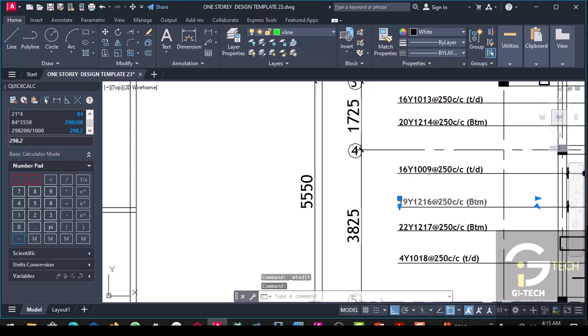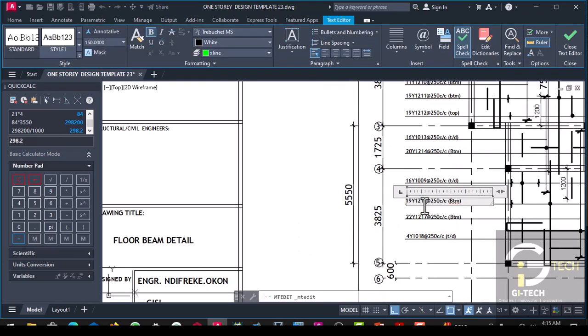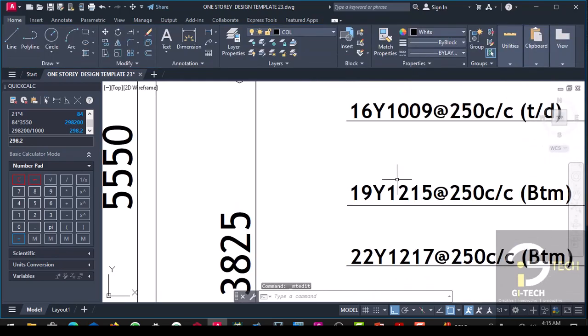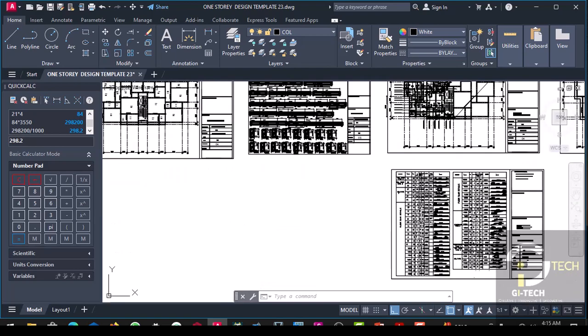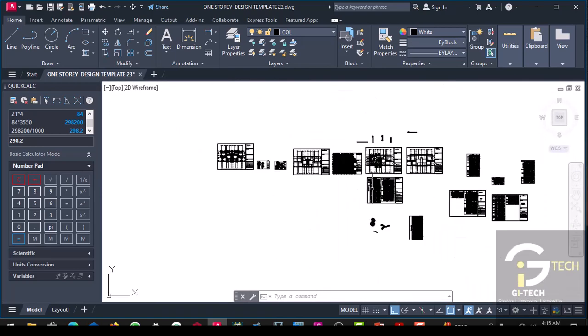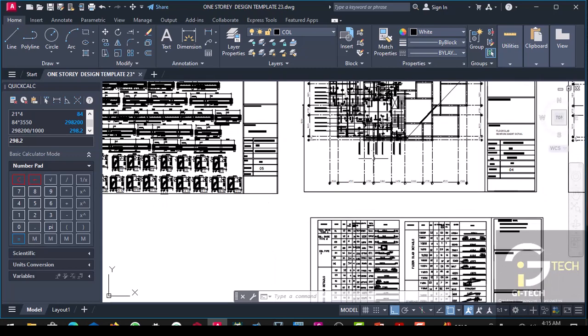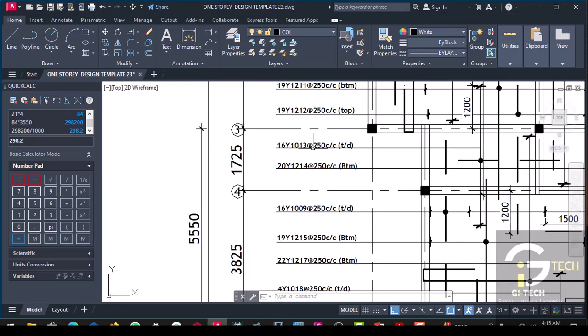So this one will change to 15. This one will change to 15.